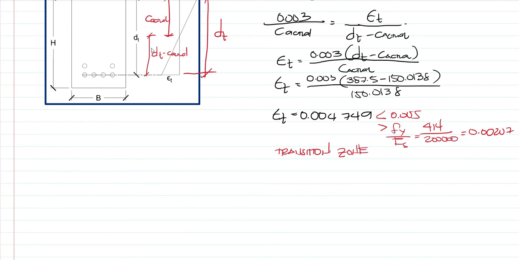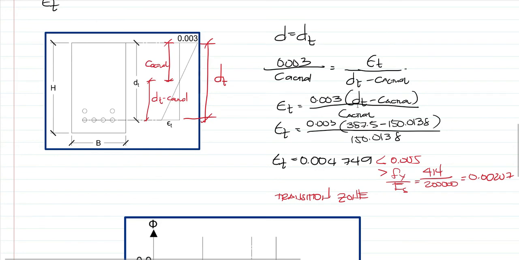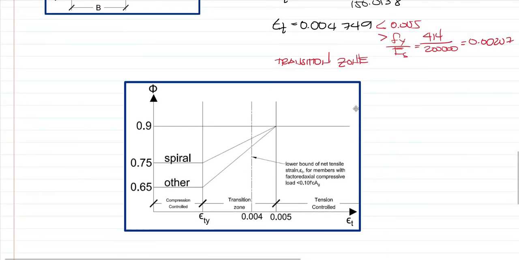So, ibig sabihin, kailangan nating i-derive or kunin yung equation through the NSCP provision under the transition zone, o kung hindi man at hindi kabisado or hindi open NSCP yung exam, much better to solve it this way na ang gagamitin natin is yung diagram from our previous lecture. So yung diagram na yun is ito. So ito ngayon yung gagamitin natin to determine our strength reduction factor or yung phi.